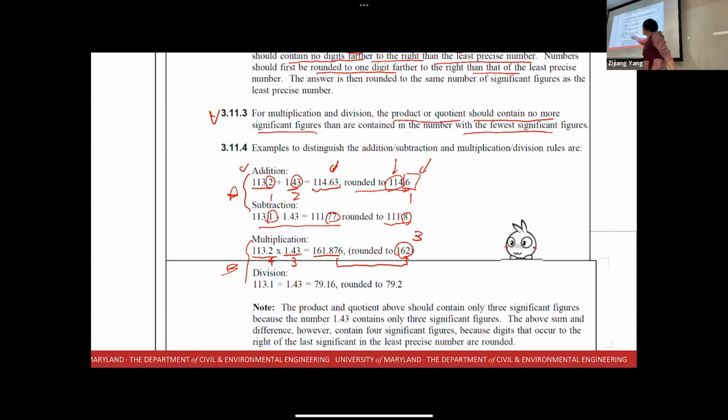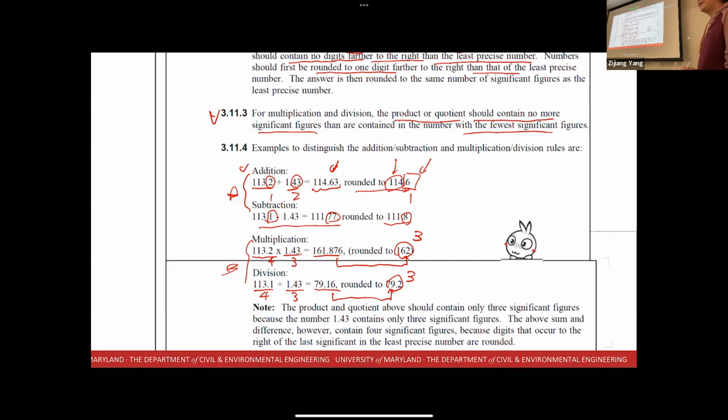So we need to round this result to 3 digits. And similarly for the division, this one has 4, this one has 3, and we can get the result here, but we need to round it to 3 significant digits. So this is the rule.